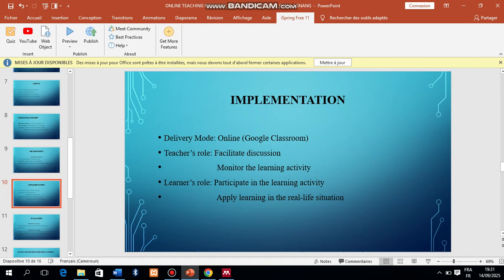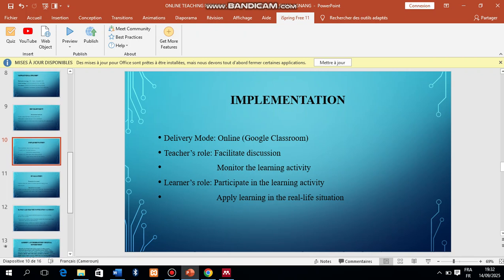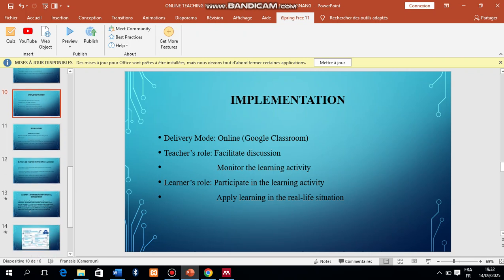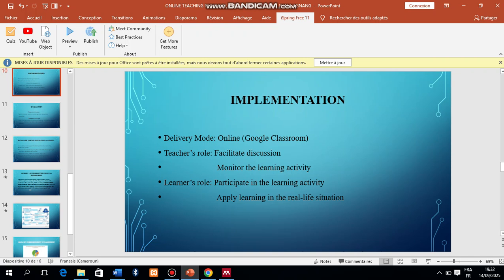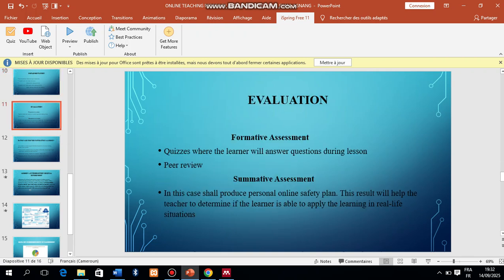Implementation, the course delivery is online. The role of the teacher here is to facilitate the learning activity and the discussion and monitor the learning activity. The role of the student is to participate in the learning activity and apply the knowledge in the online situation, the real life situation.